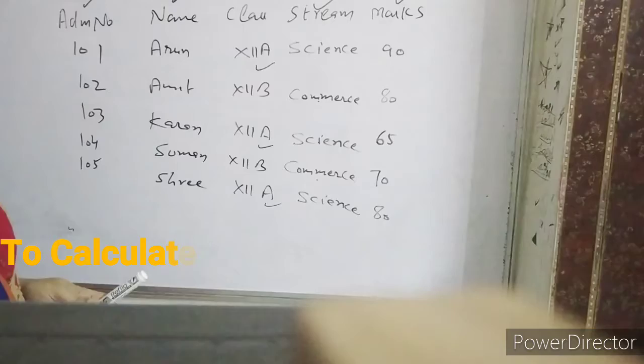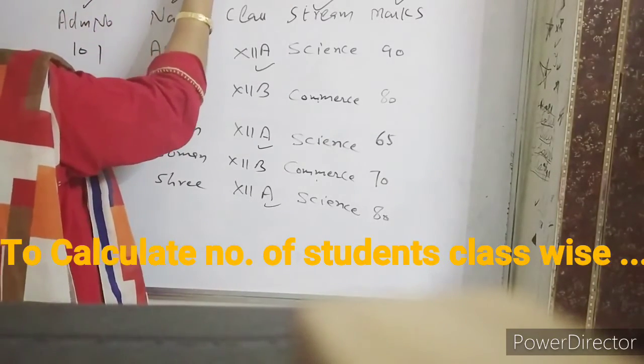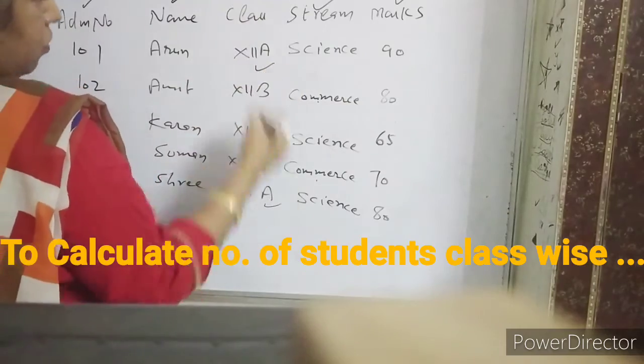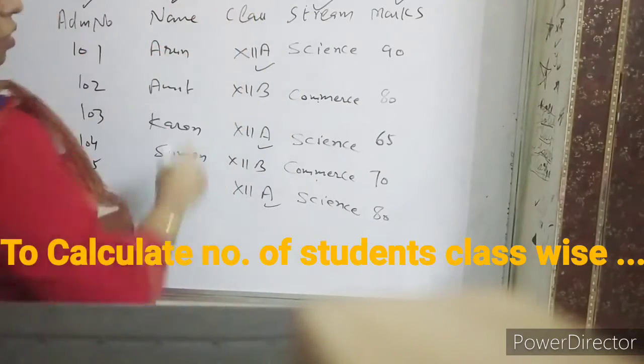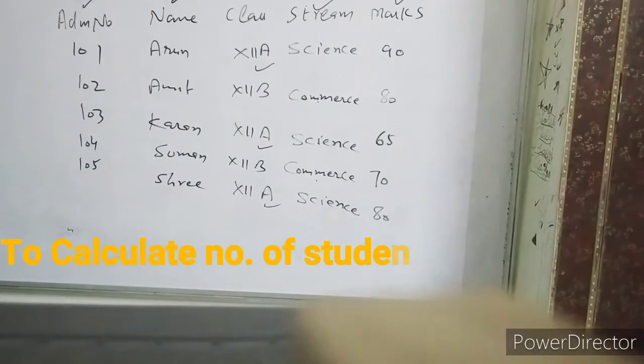Suppose I want to calculate the number of students class wise. It means 12th A has 3 students, 12th B has 2 students. I want this summary as the output of my query.